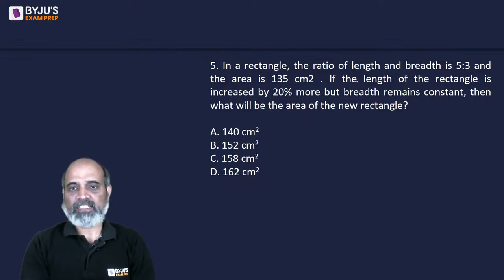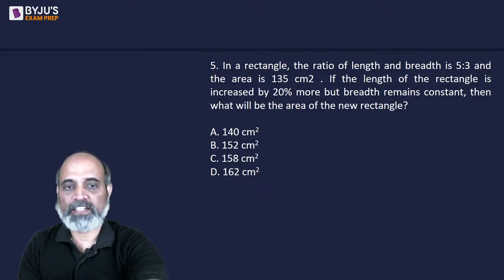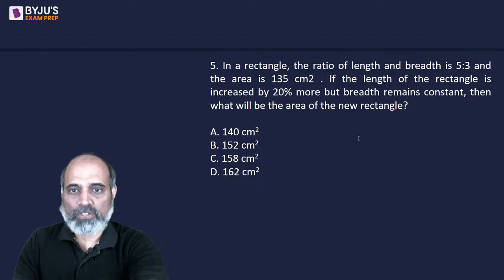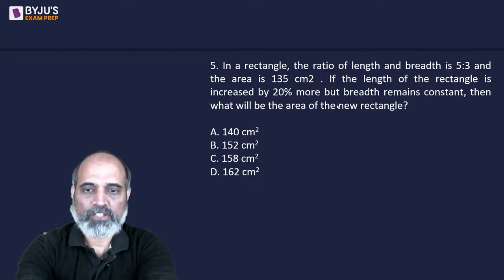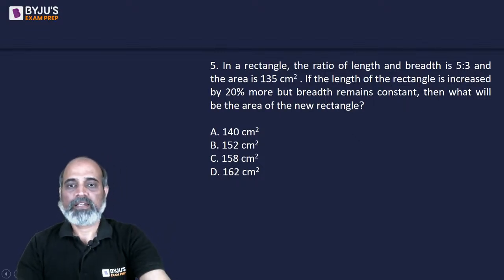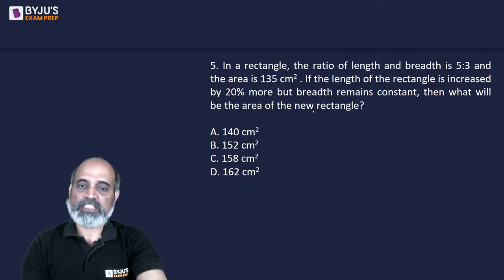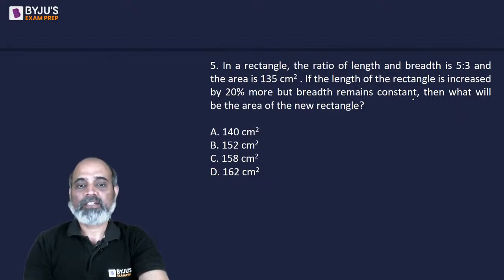Next, in a rectangle, the ratio of length and breadth is 5:3 and the area is 135 centimeters square. If the length of the rectangle is increased by 20% more, but breadth remains constant, then what will be the area of the new rectangle?